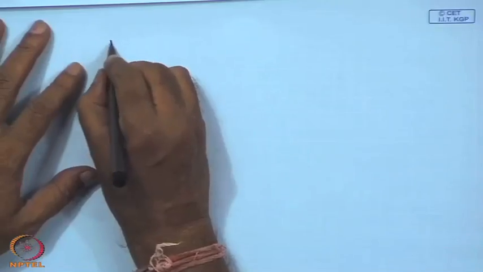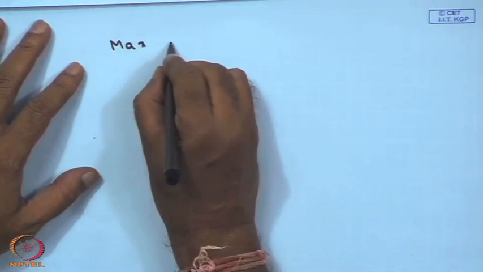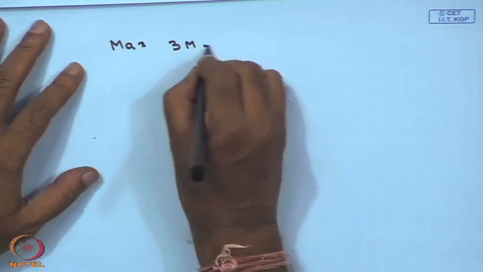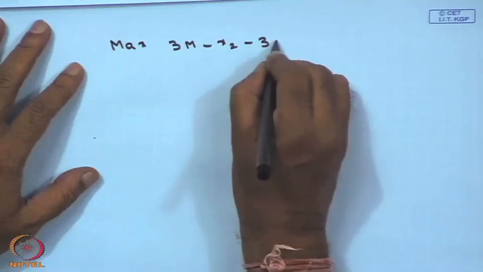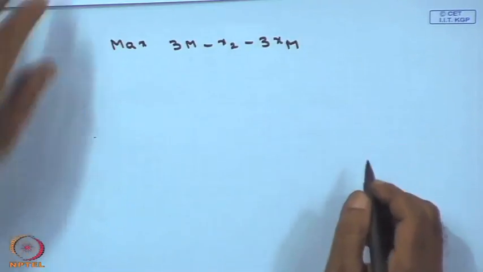So, from here if you write it, you will obtain, maximizing, the function 3m minus x2 minus 3xm.